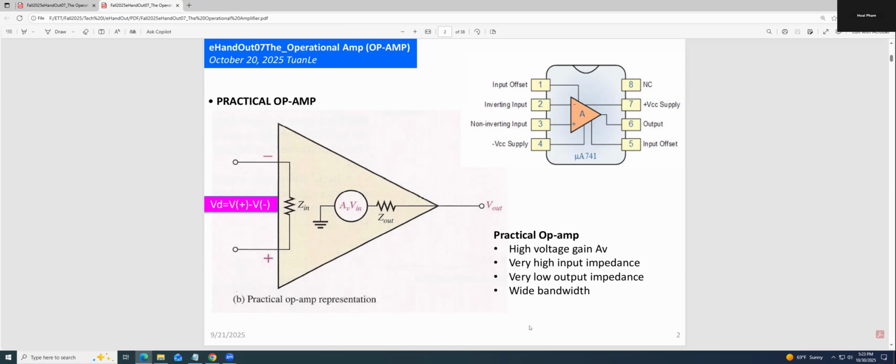For the practical op-amp, they want high voltage gain, very high input impedance, very low output impedance, and the bandwidth will be wider.